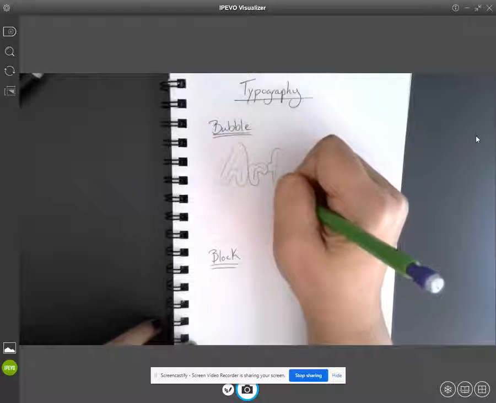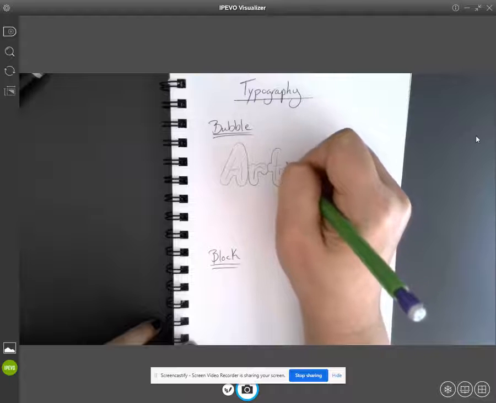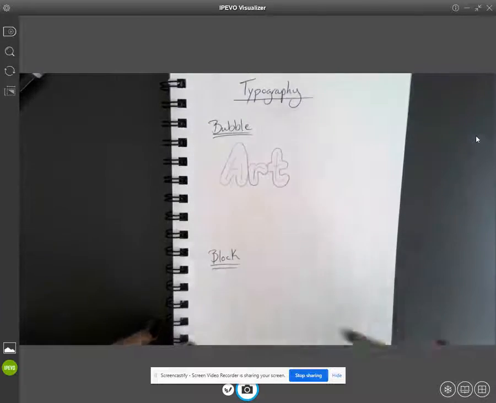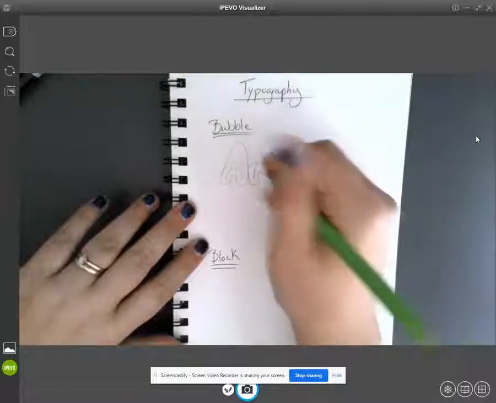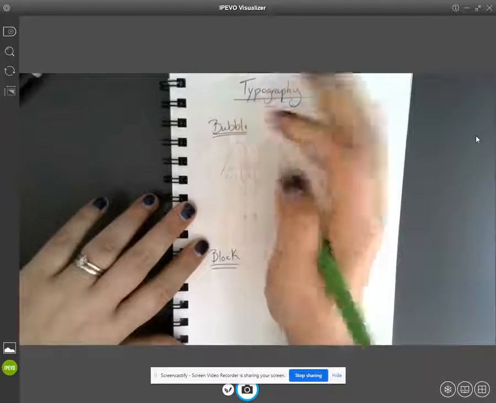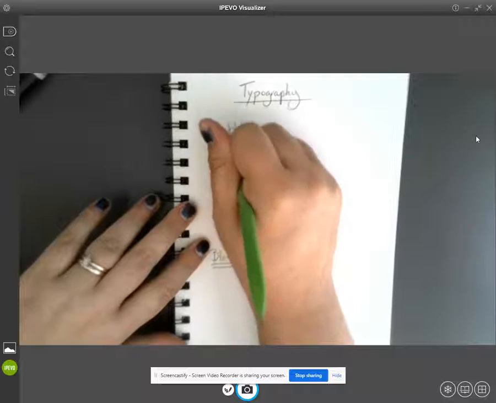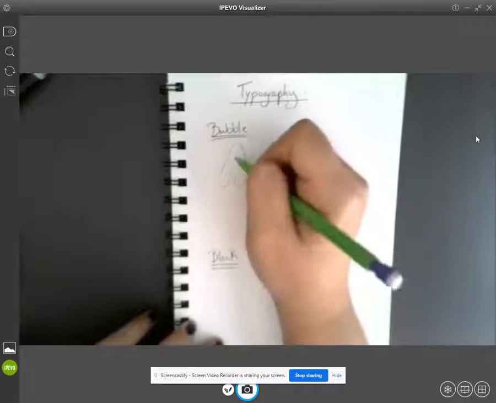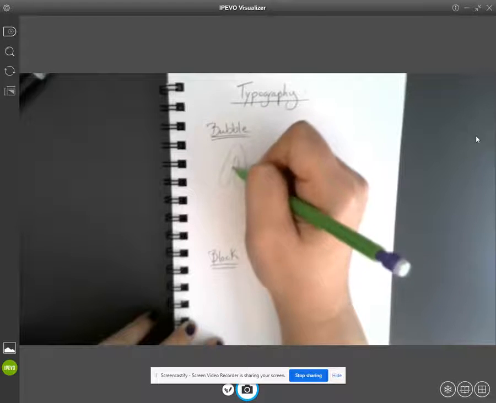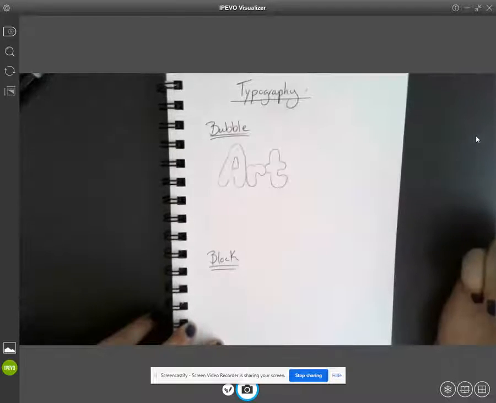Trace around the last one, and there you go. I have the word art in bubble letters. Then I erase the letter that's inside, and no one knows that I used that little cheat to make it happen. If your letters have any holes in them, like my A does, I will have to come back in here and add it. So now it looks right.